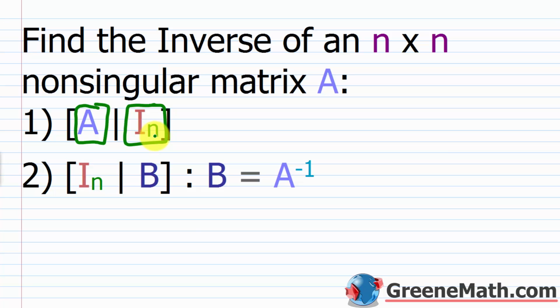Then you want to use row operations to get this guy into the format of being the identity matrix, and then the matrix on the right, which we'll call matrix B, the result of doing the row operations, is now going to be the inverse of A. And again, I'll show you exactly where this comes from at the end of the lesson.